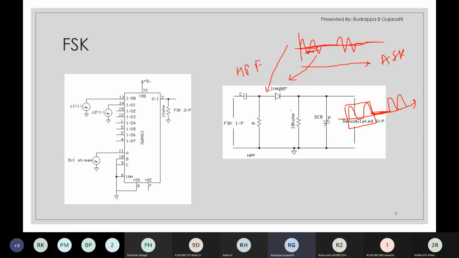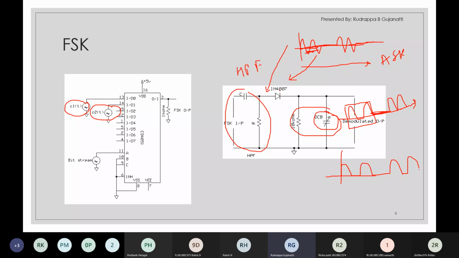But what we consider is based on the filter design and the frequency you have chosen, and the capacitor value, that is, the RC time constant. If I adjust this in such a way that the discharging is controlled, we obtain the output waveforms in this form.